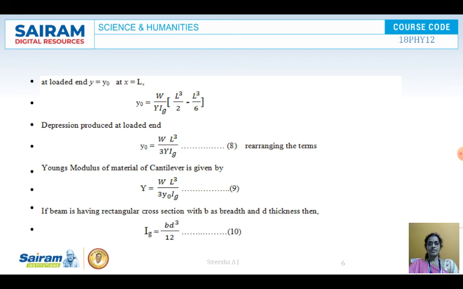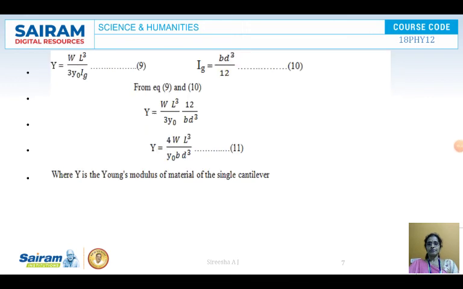See here, Ig is in the denominator in equation 9, so it goes up. So, Y is equal to wL cube by 3 y naught into 12 by bd cube, because Ig is lying in the denominator.